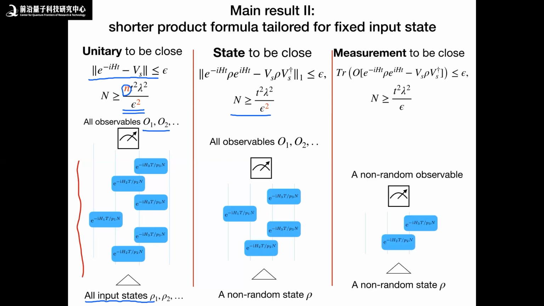And further, if I only care about the measurements, then you get even better performance. So if you fix some non-random state and some non-random observable, and then you run this procedure, then you only need an even shorter gate count. And this, in fact, is equivalent to channels.